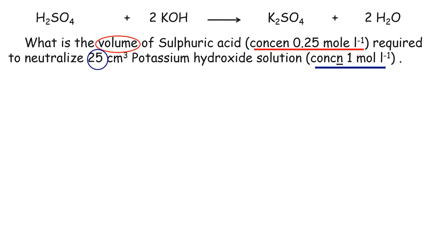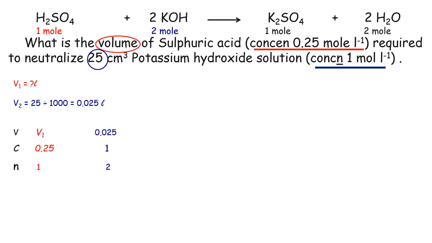For the potassium hydroxide, we have 25 cubic centimeters and 1 mole per liter concentration. So V1 is unknown and V2 is expressed in liters, and our number of moles identified. We have 1 mole for the sulfuric acid and 2 mole for the potassium hydroxide.